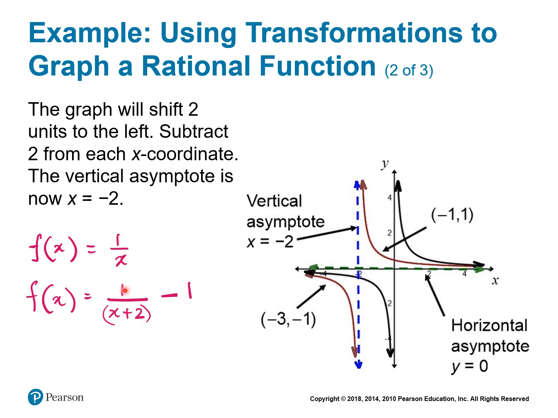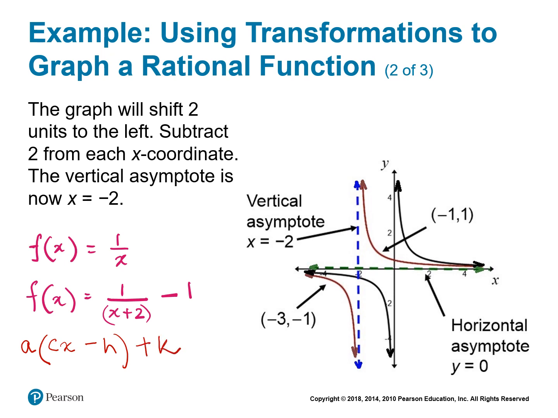So we have the 1 divided by x in this function, but then there is a plus 2 with the x, and then there's minus 1 from the entire 1 divided by x plus 2. So if we go back to our transformation form, it's a times c times x minus h plus k.